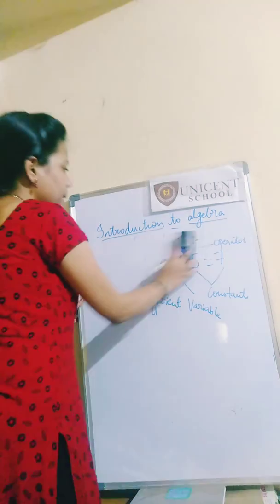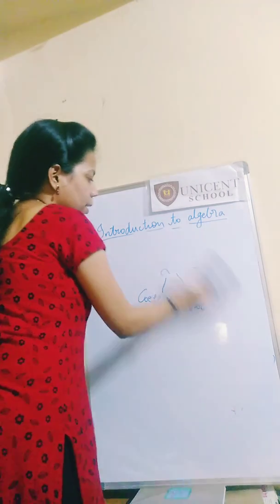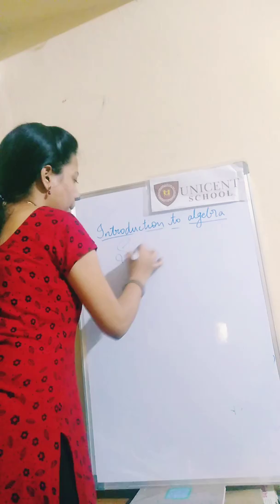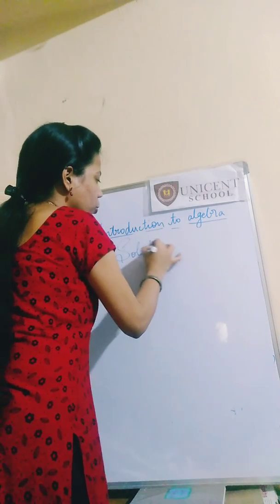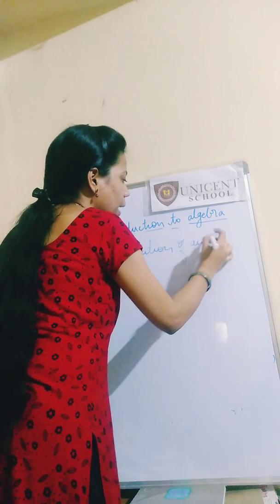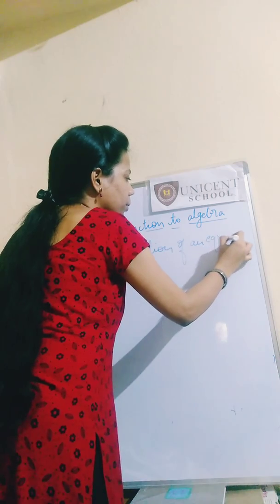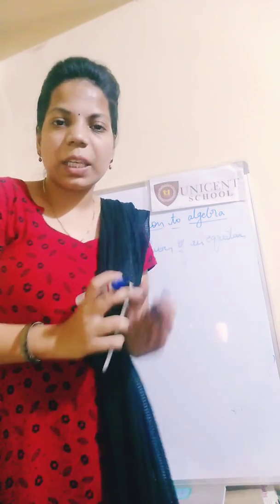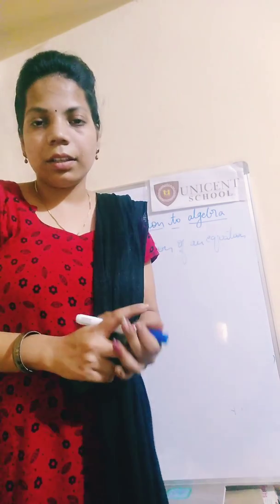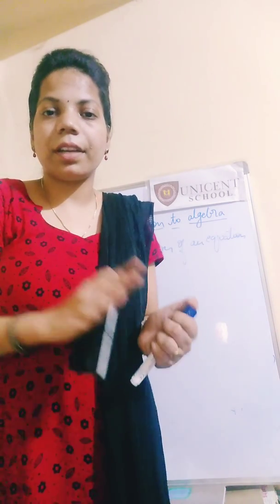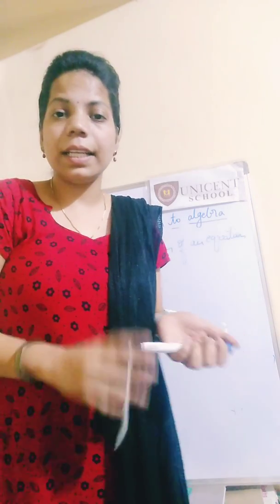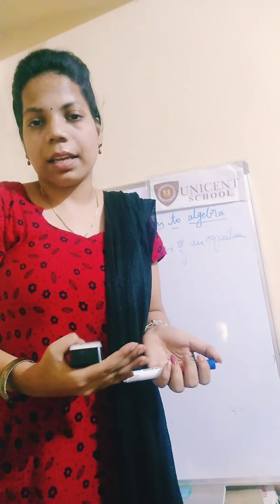Now let us see what is the solution of an equation. Solution of an equation is that which, when substituted for a variable in the equation, makes left hand side equal to right hand side.